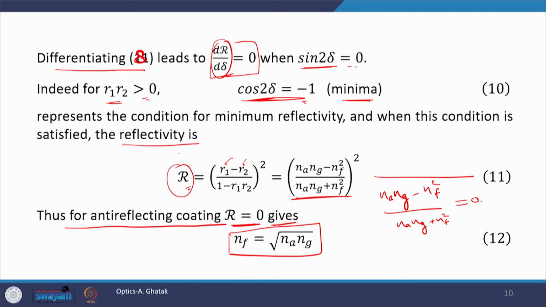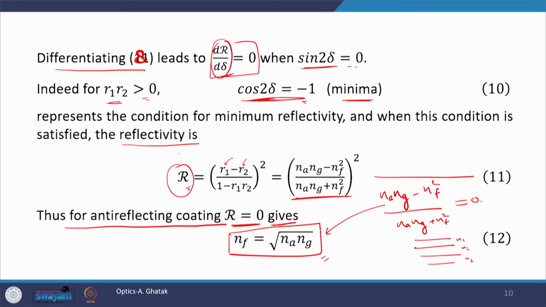If you equate this to 0, you get this condition directly, Nf equal to square root of Na Ng. It means even if you consider multiple reflection, we still end up with the same value of Nf, which is equal to square root of Na into Ng.